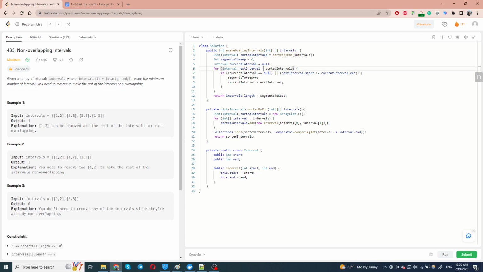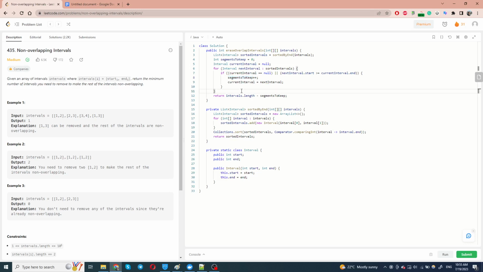Then we are going to iterate through our intervals in this sorted order, and we are going to check if our current interval is equal to null, which will only happen at the beginning of iteration, or our next interval does not intersect our current interval. Then we can include our next interval in the answer, and we will increment the number of segments that we keep, and we will assign our current interval to the next interval.